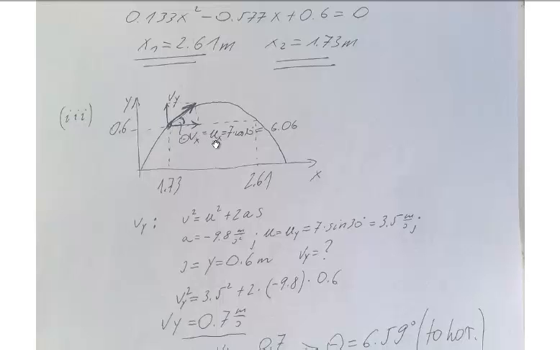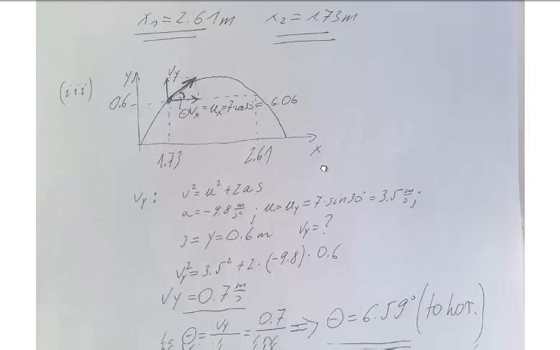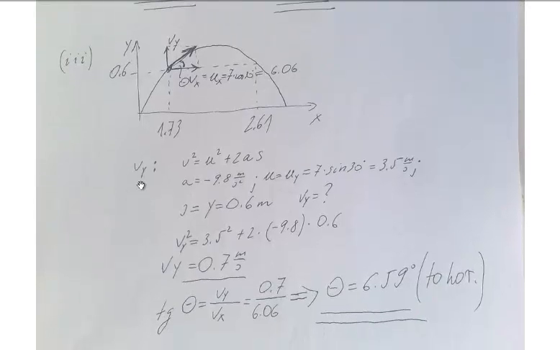Vx is equal to ux, the initial speed, because this is a uniform motion in this direction. It's 6.06. Now we calculate Vy. This is a free fall. We will use this formula: acceleration, initial speed.